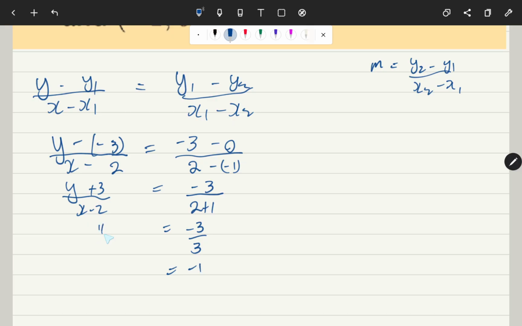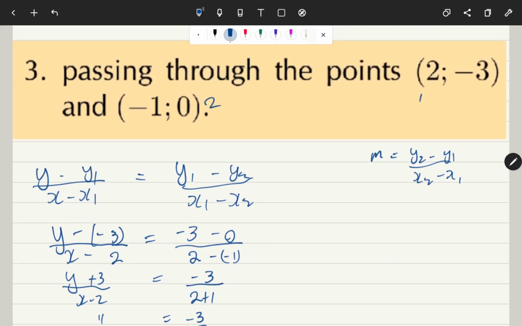So I can go down with this: y plus 3 over x minus 2. Now let me go back to the gradient and use point 2 first: minus 3 minus 0 over 1 minus 2.